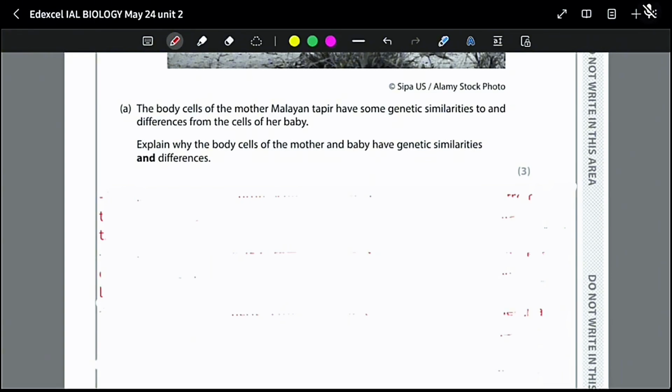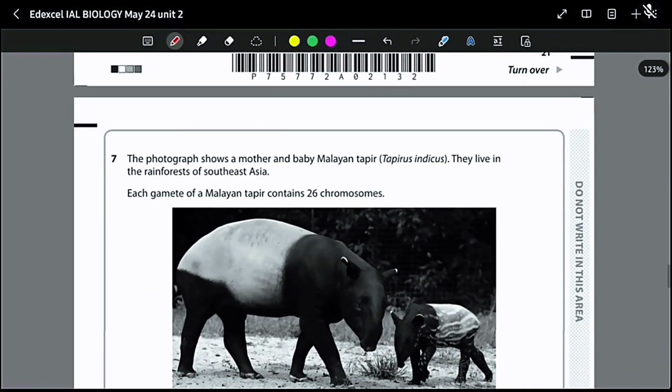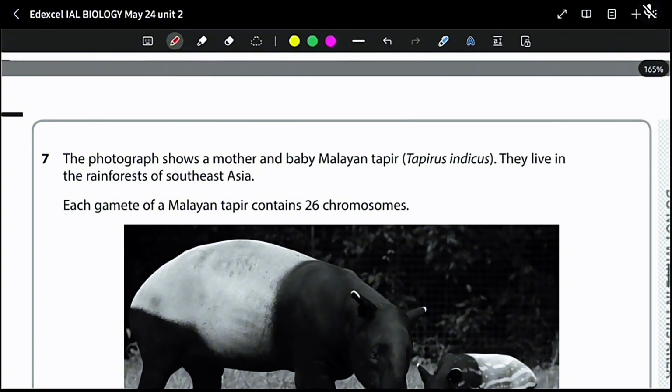So we can see from the question that the gamete has 26 chromosomes. So the baby will inherit 26 chromosomes, which is half of the total, because we know gamete cells have half of the total chromosomes. So the baby will inherit 26 chromosomes from the mother's egg cell, so half from the mother's egg cell. Those will be identical, or at least similar, to the mother's body cells.